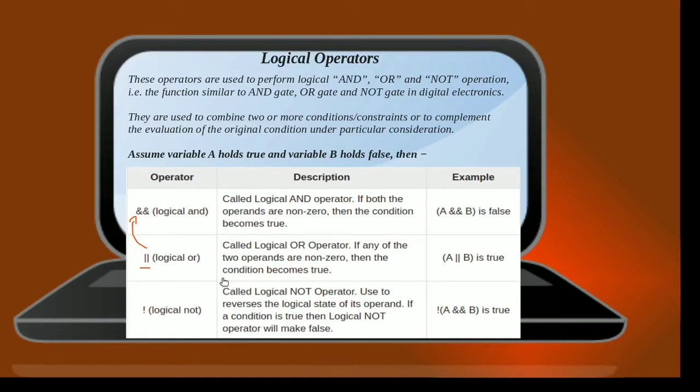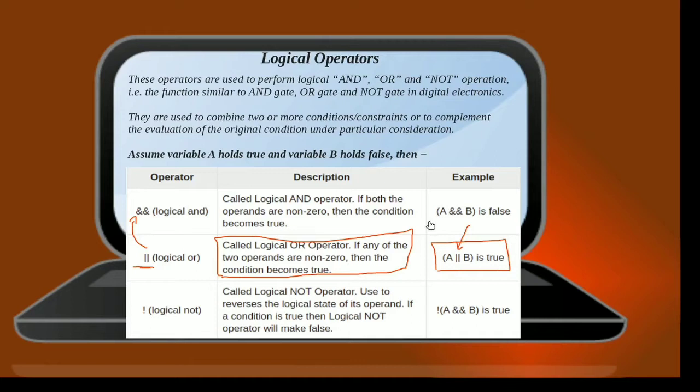But the beauty of the logical OR is that if any one of the two inputs that we provide to this particular operator is true, then the final result is also true, as we can see in this example, where we are making use of the logical OR operator denoted by the pipe symbol.